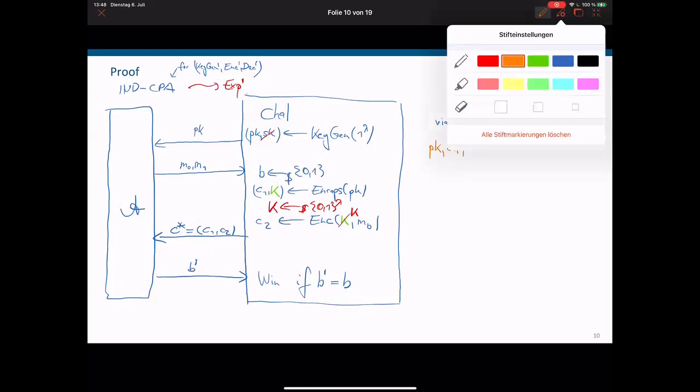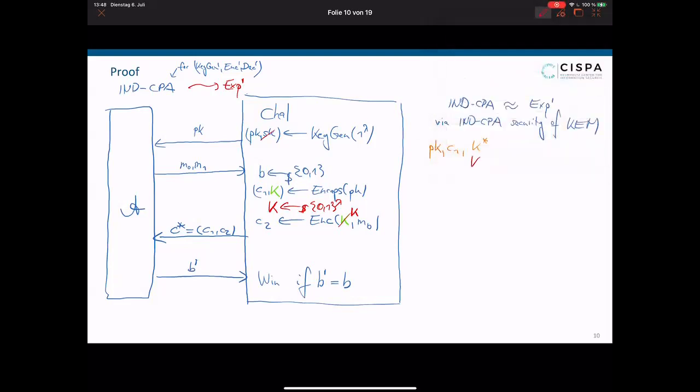And the difference only being that this K star is either a random K or a key K where C1, K comes out of Encaps.